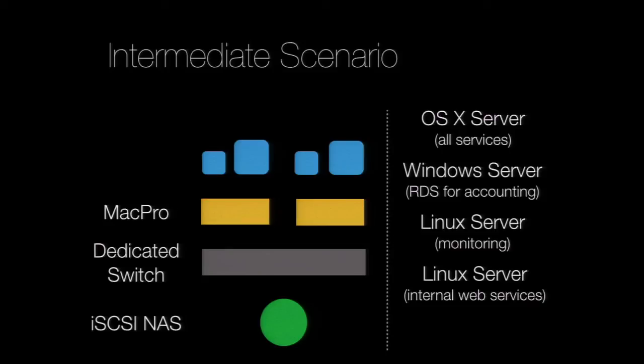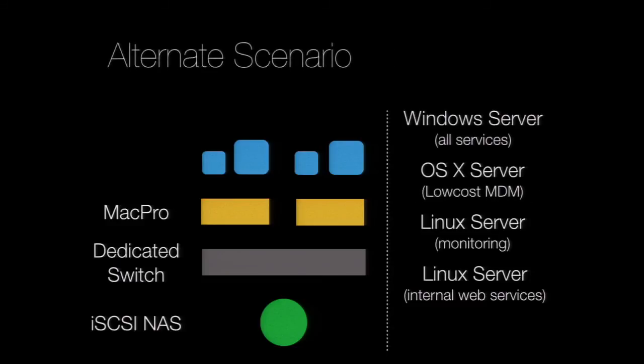Or you can also do something else. Use mainly Windows Server and Linux Server, and eventually use OS X Server sometimes for only MDM, low-cost MDM, or maybe just the caching service.